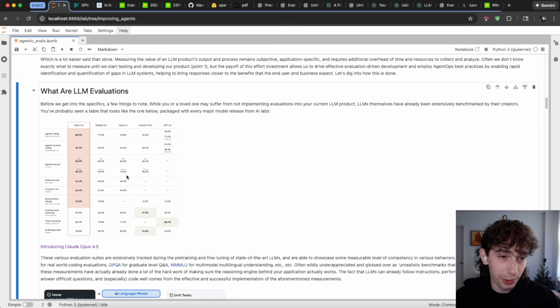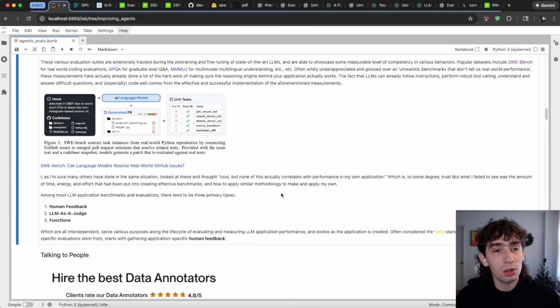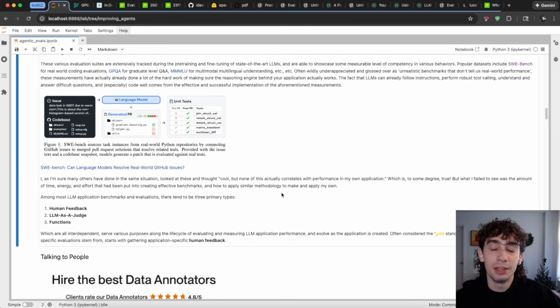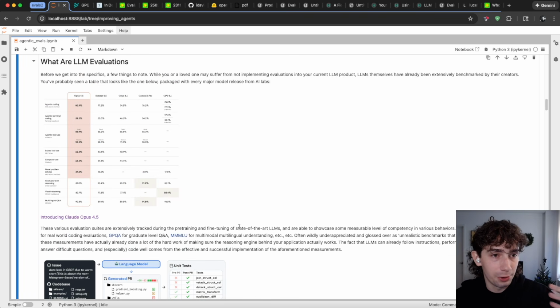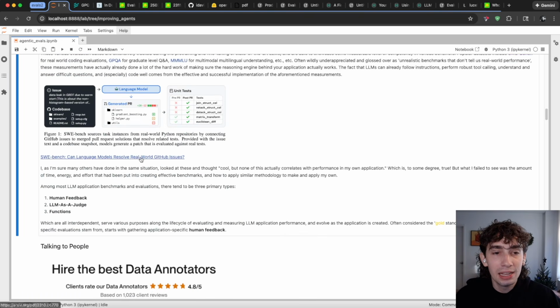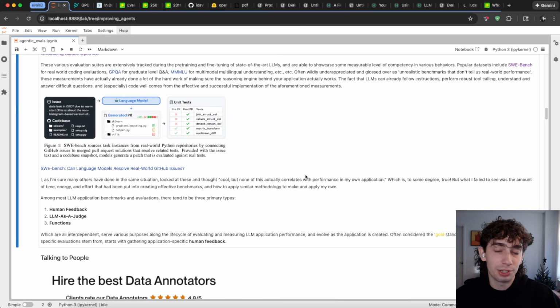What you usually don't see, however, from the release of these charts is all of the work that's been done to actually set up these effective evaluations and benchmarks. Luckily, however, we can take inspiration from how the folks training these models do it and apply some of the same approaches to implementing these things into our own specific applications.